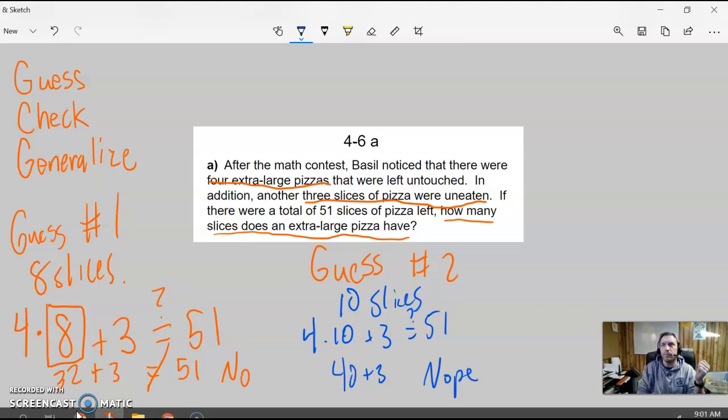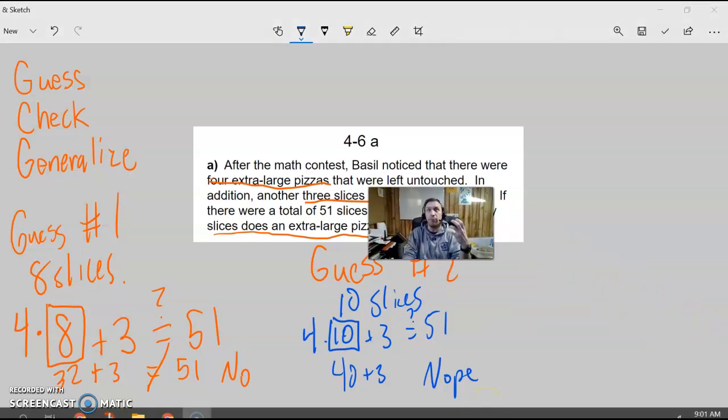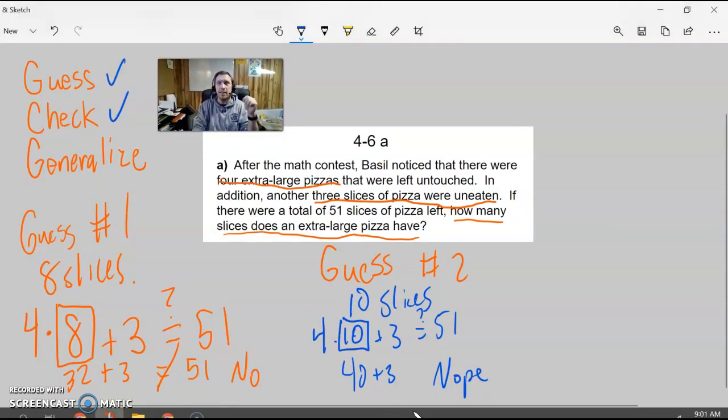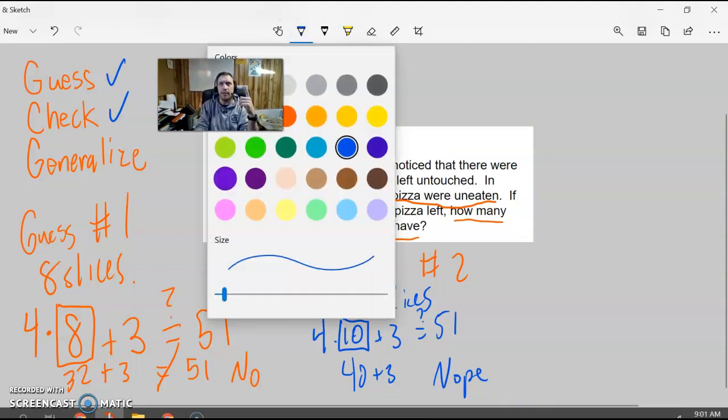Nope. But I'm getting closer. And so guess and guess and guess until you either get the right answer, or what I really want us to do is guess, check, and then we're going to try to generalize what's happening. So let's make one more guess, and then let's see if we can see what's happening.